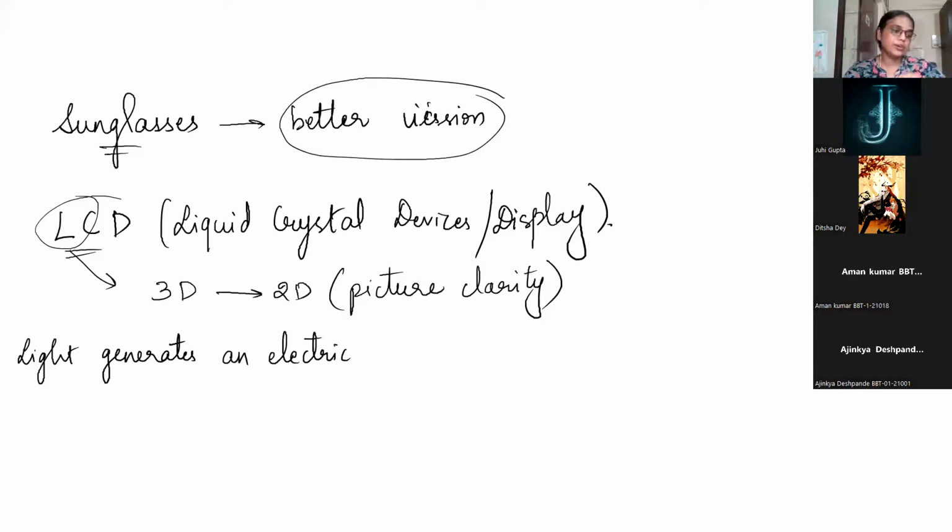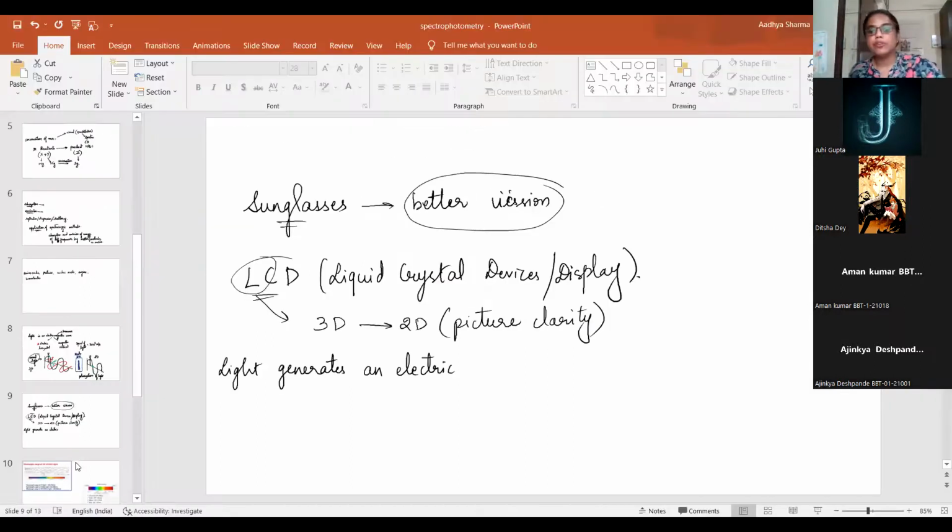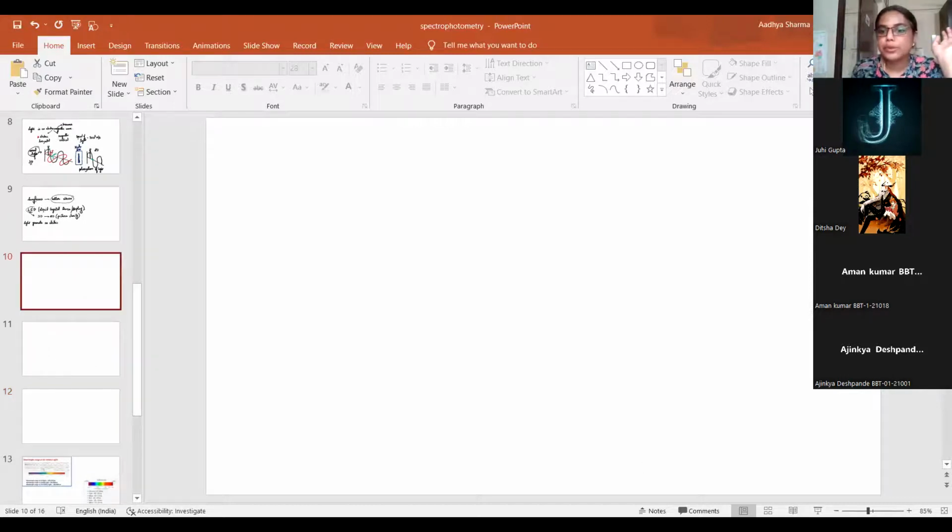Okay, so now I'm going to talk a little about amino acids. Because basically in biochemistry, when we use spectrophotometer, it's related to amino acids, proteins, all of that, enzymatic acids basically. We use spectrophotometry a lot in that.